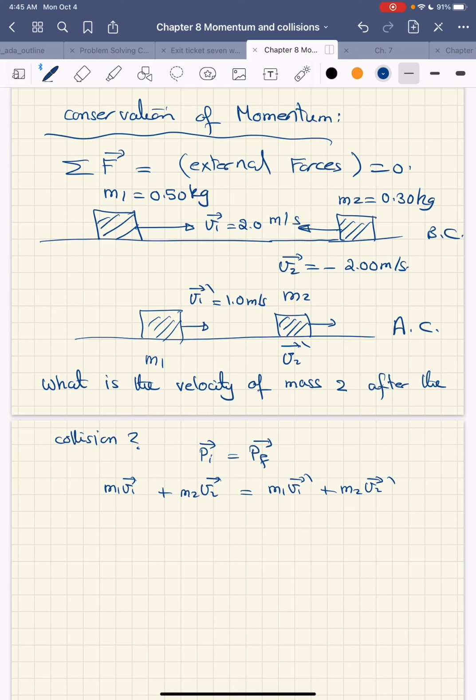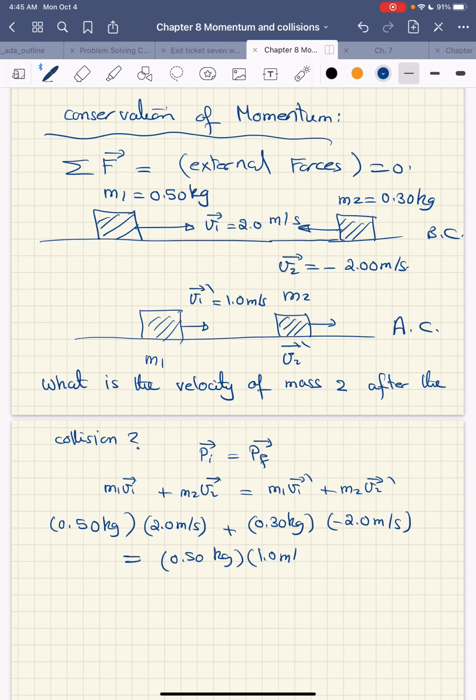And I know that this one is 0.5, this is 2, this is 0.3, and don't forget the negative for mass 2, and the final 0.5 kilograms times 1 meters per second plus the 0.3 kilogram times the V2 prime.